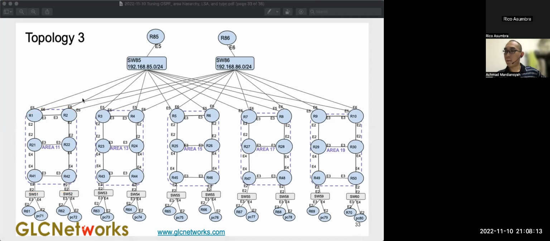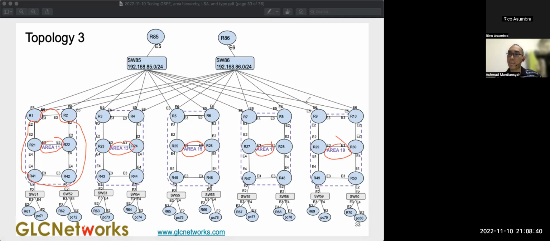So again, an area means a collection of networks. So this area, it means area 11, area 13, area 15, 17, 19. You can just use other areas you like.